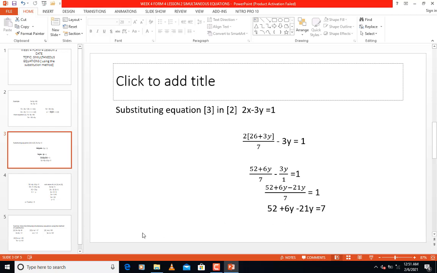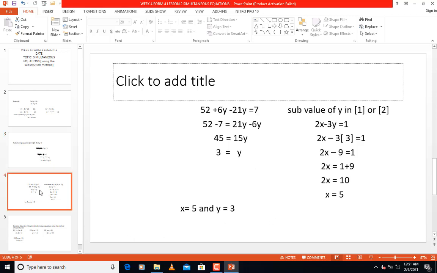It's now linear. Then group like terms: 52 minus 7 is equal to 21y minus 6y. 52 minus 7 gives 45, which is equal to 15y. Divide both sides by 15, y is equal to 3.